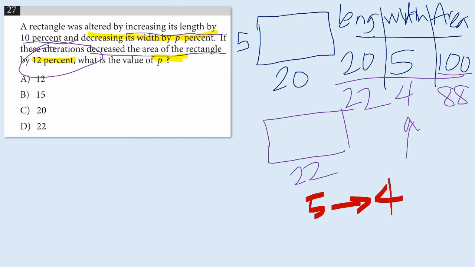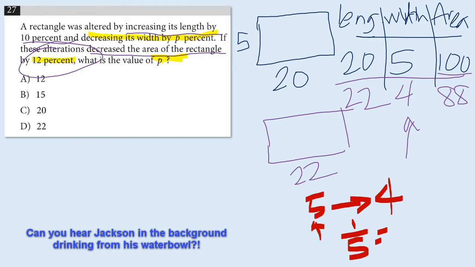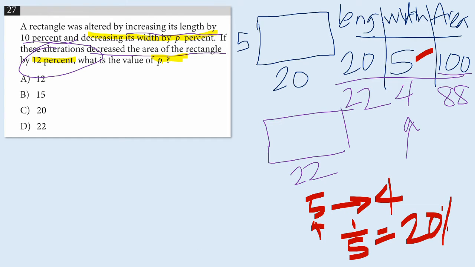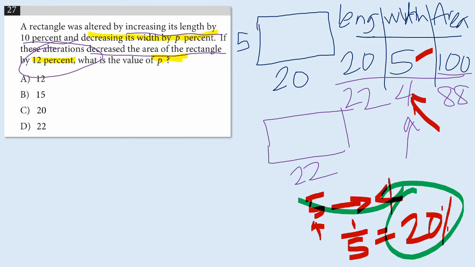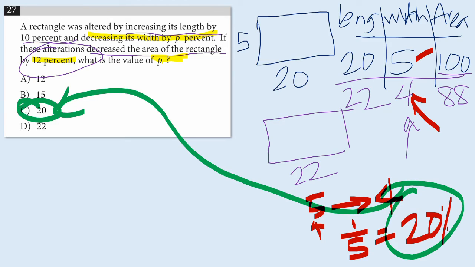And 1 unit of the original 5 is 1/5, which is 20%, right? So 20% less of 5 gives me 4. And what do you know? 20% is answer C, which is the correct answer.